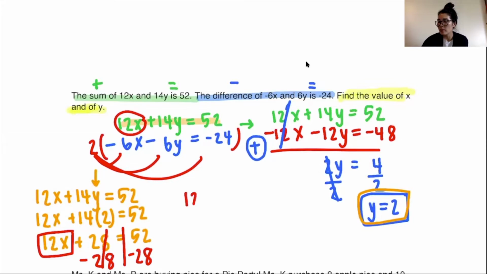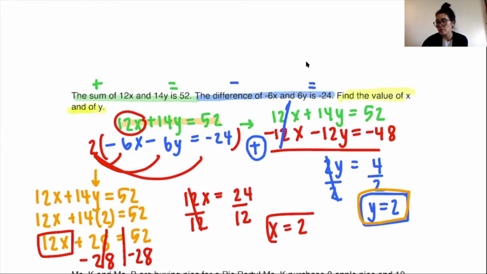You would end up getting 12x is equal to, and then you're going to go ahead and do that math. When you do that, you're going to end up getting 4 here and then 2, so 24. Go ahead and isolate x by dividing by 12 on both sides. And you're going to be left with x is equal to 2.